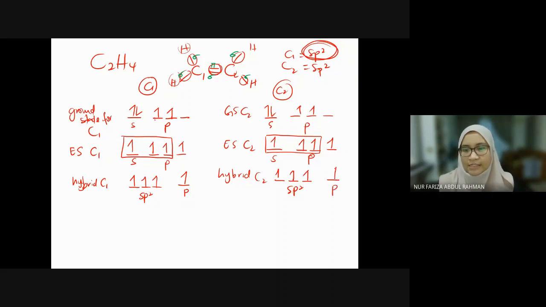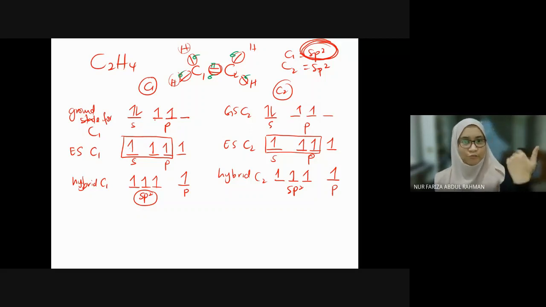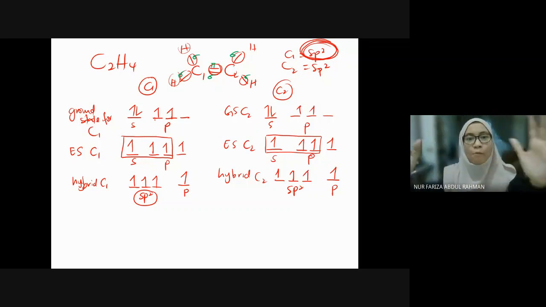Leaving behind this p unhybridized orbital. Faham tak? That's why you kena tahu what do we call this type of hybridization dulu, sebab this will guide us on the hybrid part. Kalau tak, you akan ada tendency, macam biasalah bila kita buat yang awal-awal tadi, kita lompat, kita combine semua, betul tak?